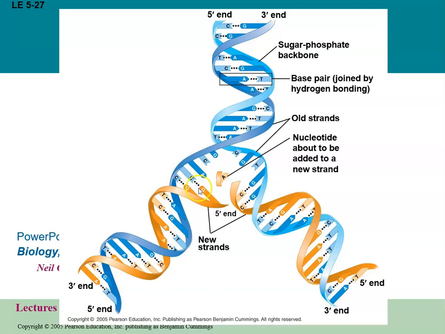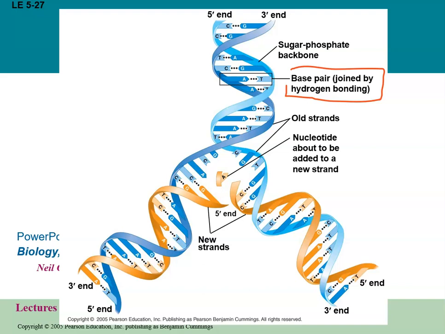I also wanted to emphasize here that hydrogen bonds join the base pairs together, but the backbone of DNA is actually held together by covalent bonds. Although those are not shown, it's a stronger bond, more permanent than the hydrogen bonds, which are temporary and can easily be broken and also reformed.